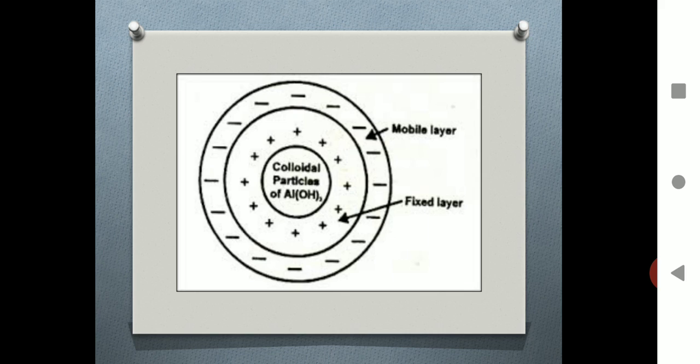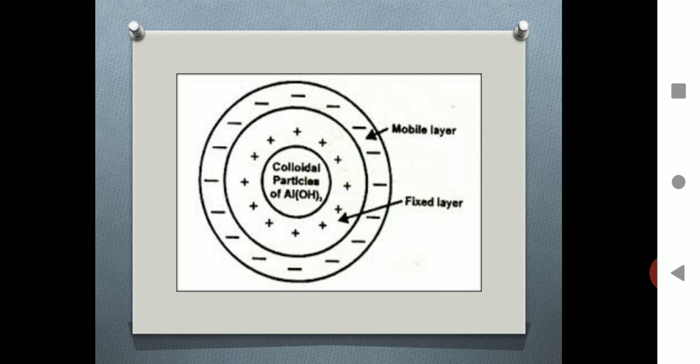Now, once a layer of either positive or negative ions gets adhered or adsorbed on the surface of the colloidal particle, another layer of oppositely charged ions, known as counter ions, is also created around the colloidal particle.